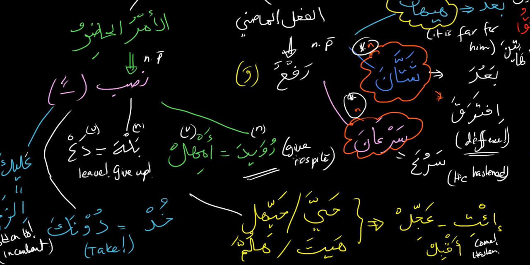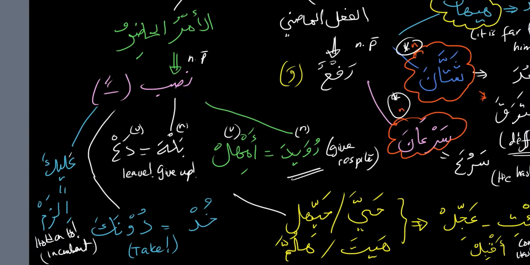And then there are examples of nouns that come with the meaning of amr hazir. Ruwaida means give respite, the meaning of amhil. Balha has the same meaning as da', which means leave or give up. Alayka has the same meaning as alzam, meaning it is incumbent upon you, or hold on to.